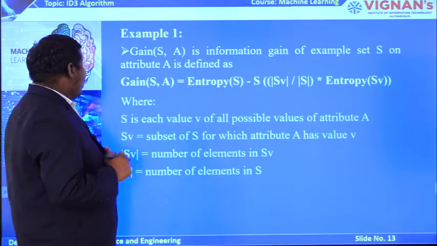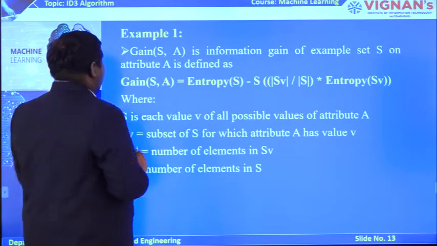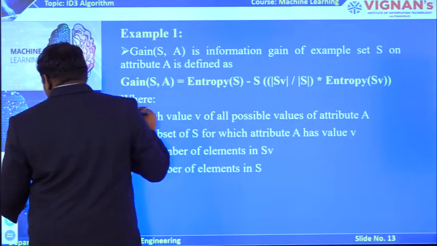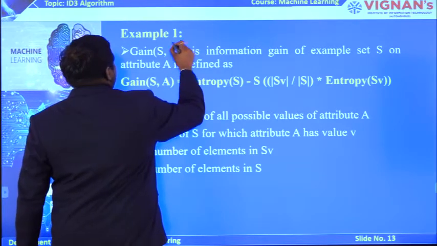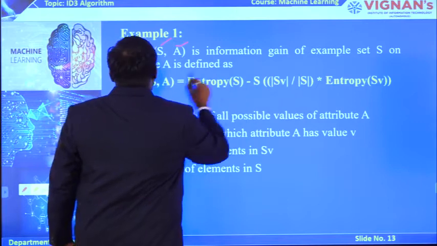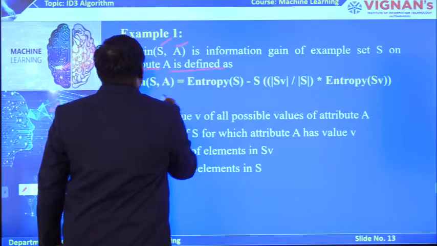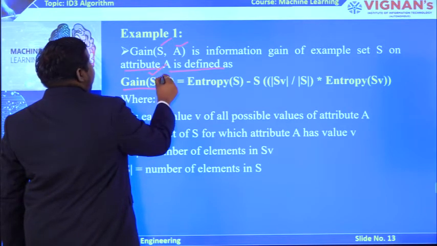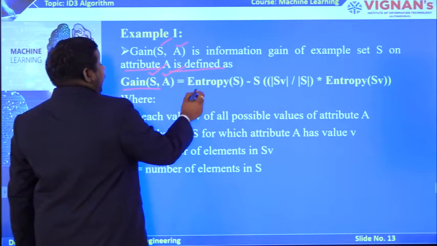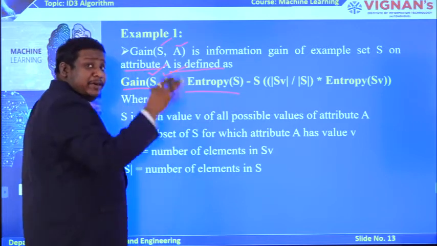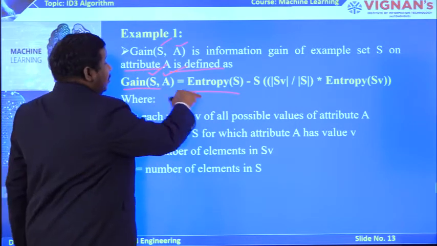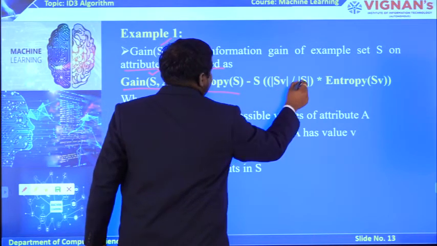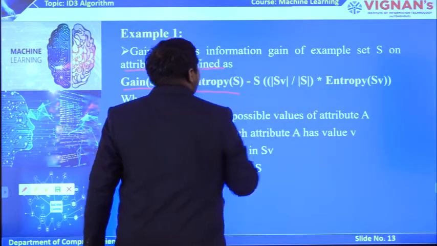See, for the same formula, how are we going to calculate the information gain? I told you S is a set and A is the attribute in that set. The gain of S on attribute A is defined as: entropy of S, which we already calculated in our previous slide, minus the sum over values V of the modulus of SV by the modulus of S multiplied by entropy of SV.